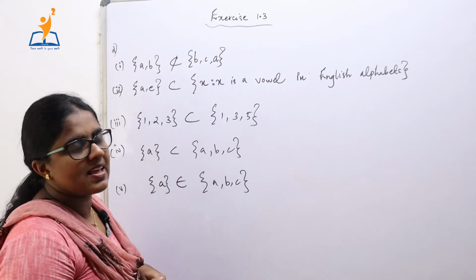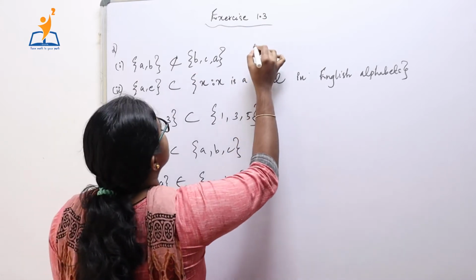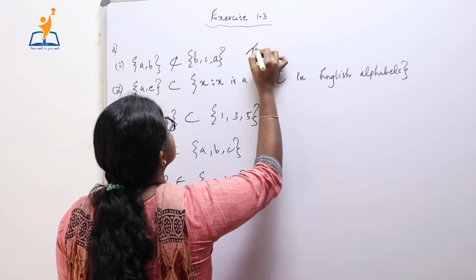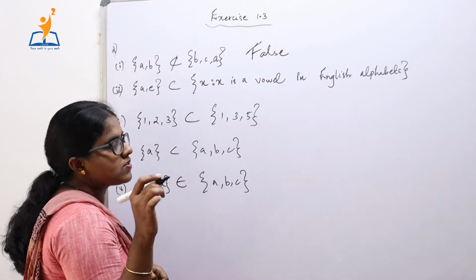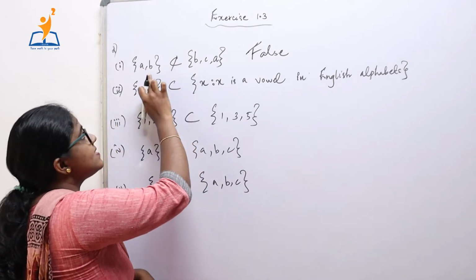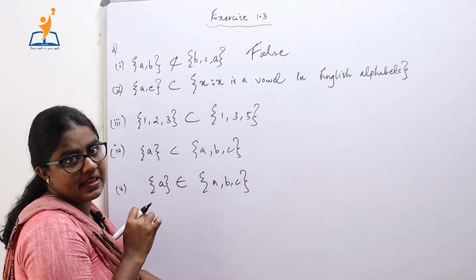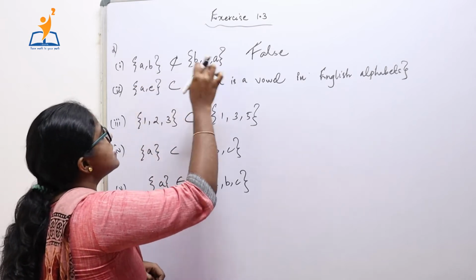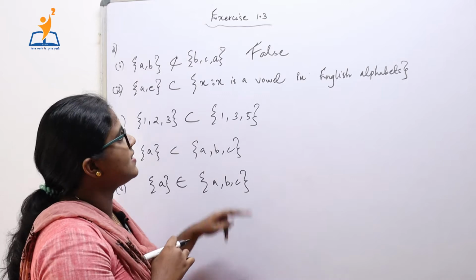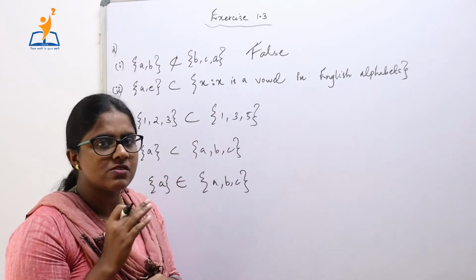So we can say that this statement is false. Why can we say this is false? Because it is given that this set is not a subset of this set, but it is clear to us that this particular set is a subset of this set, therefore this particular statement is false.